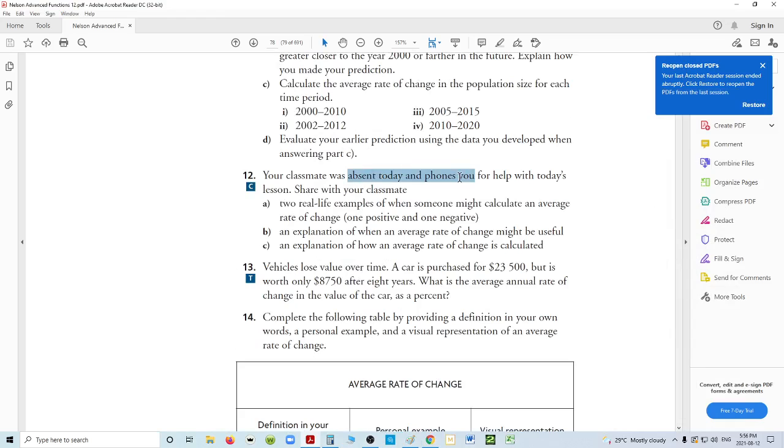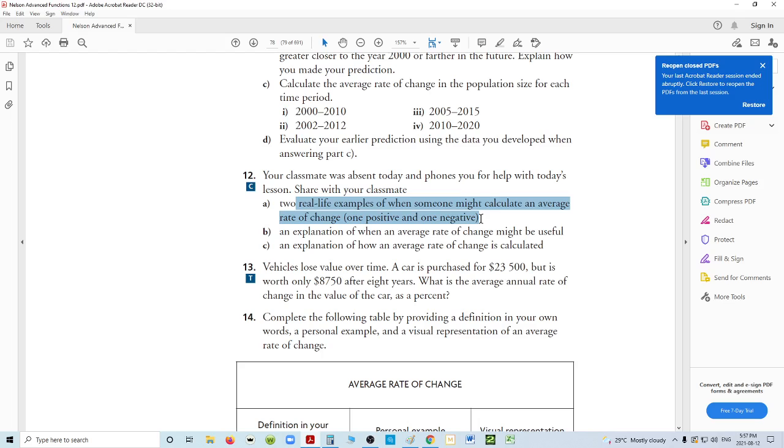Your classmate was absent today and phones you for help. Share with your class 2 real-life examples of when someone might calculate an average rate of change. Real life example: biking away from your home and biking towards you, or driving to work, driving home from work.